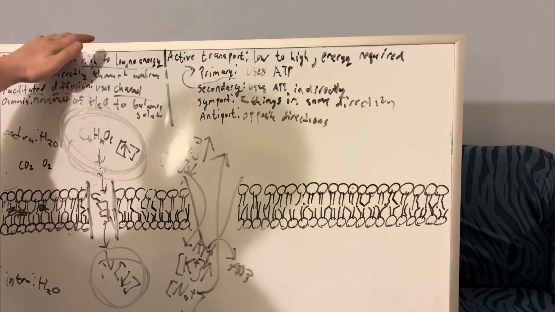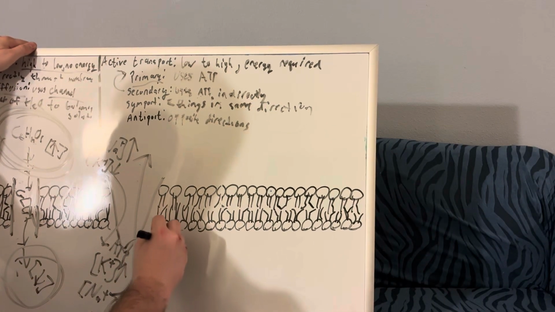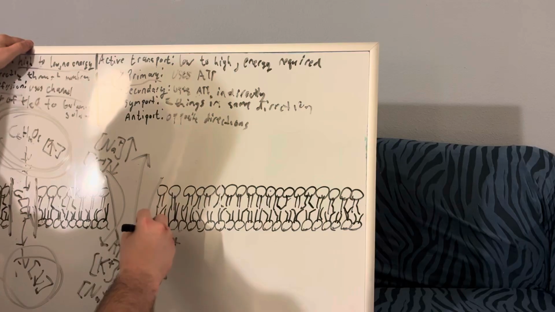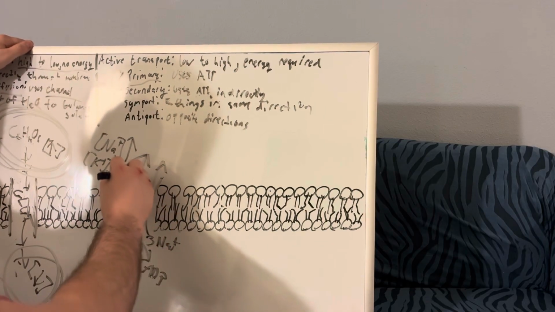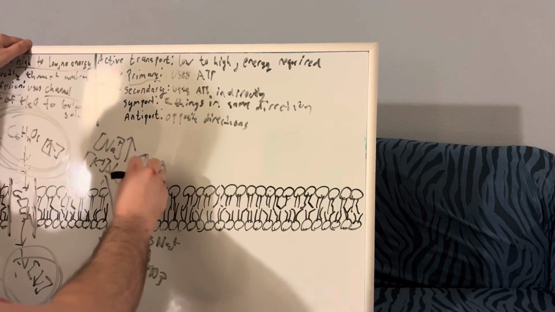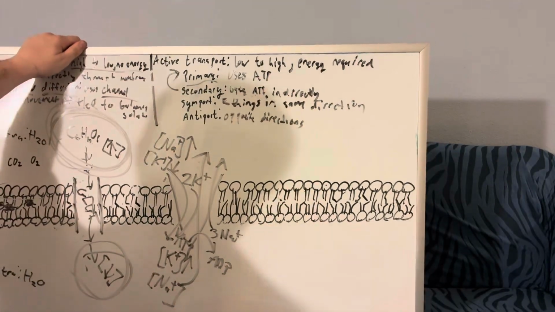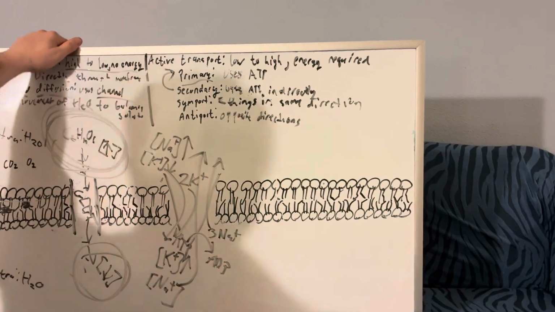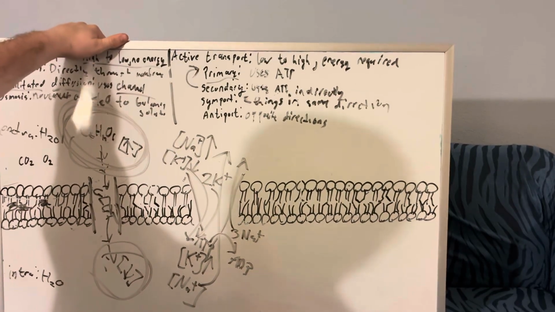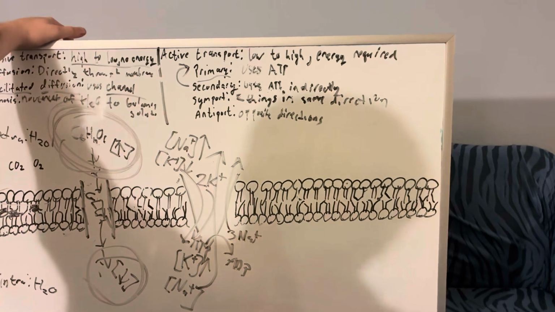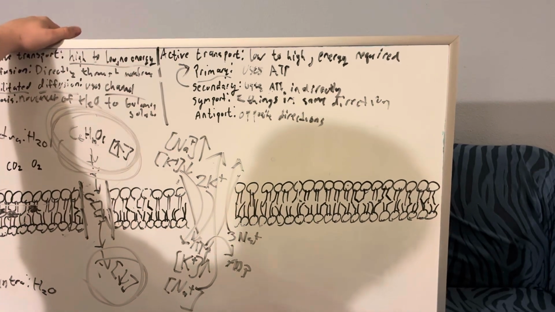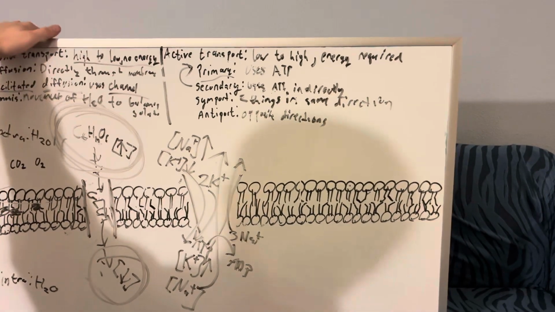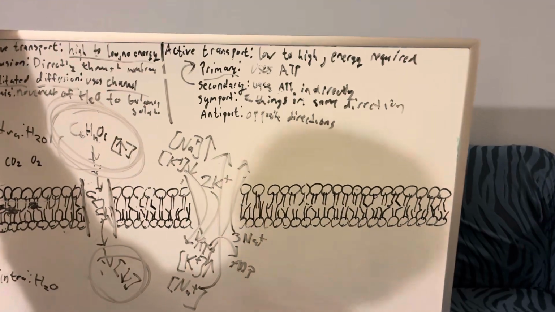So the sodium potassium pump in particular is going to move 3 sodiums out and 2 potassiums in. And it's going to do that by utilizing ATP. If you need to remember that it's 3 sodium going out and 2 potassium coming in, I always think of the Rihanna song that goes, na na na, come on, that's the one.